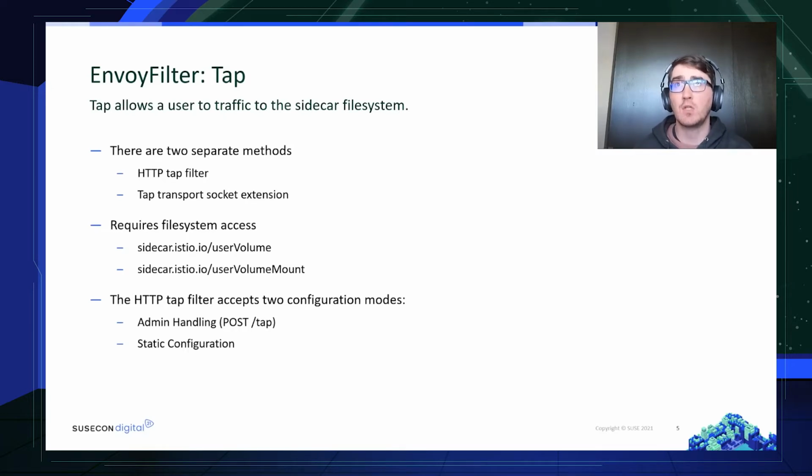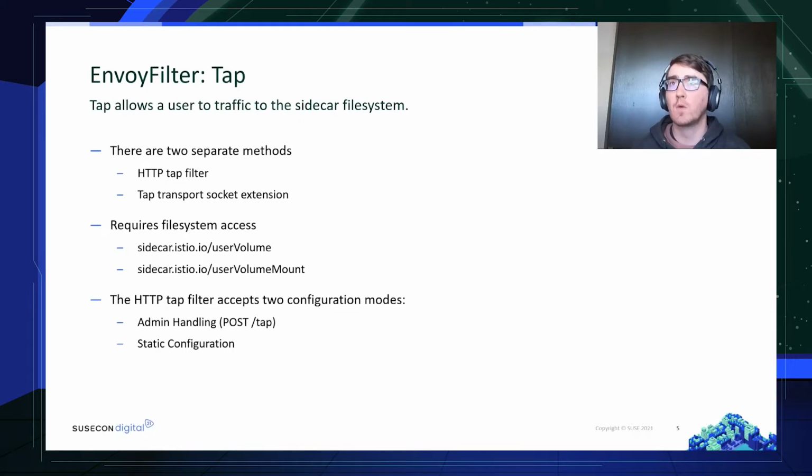This may change depending on how your Istio service mesh is deployed. But you'll see in the example that I'm using, the book info project that we all know and love, it's going to require an additional sidecar volume mount of an ephemeral temp directory. And then the last thing that I'll mention when I'm showing the actual resources, the HTTP TAP filter accepts two configuration modes.